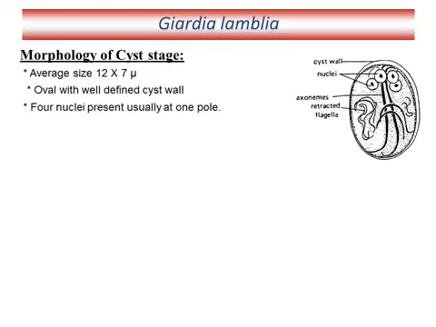It has 4 nuclei, present usually at one pole, aggregated on one side of the cyst. This is one of the distinguishing features of this parasite's cyst.